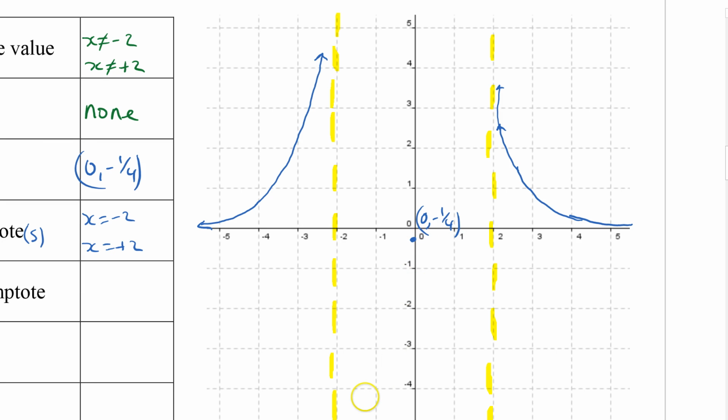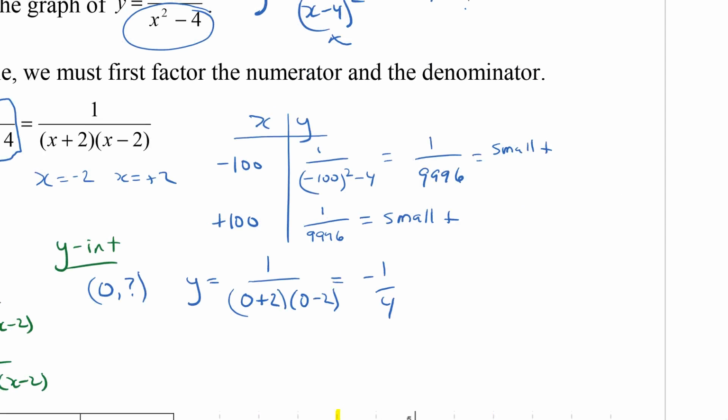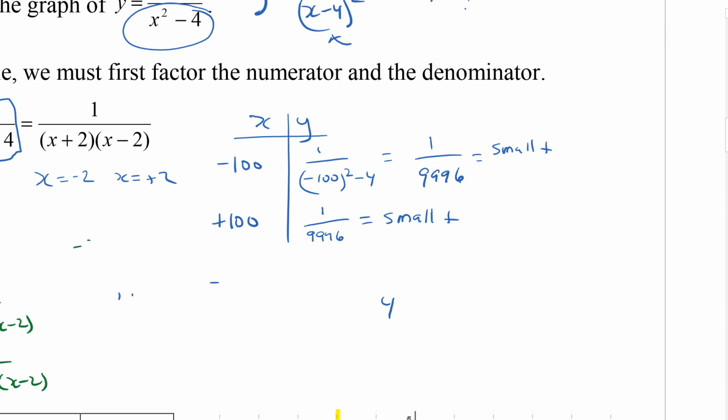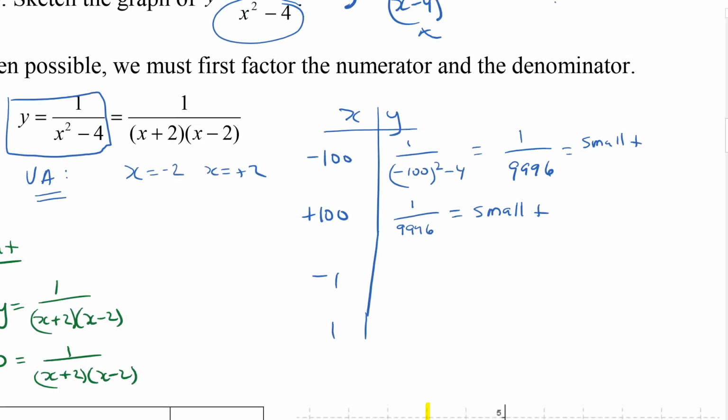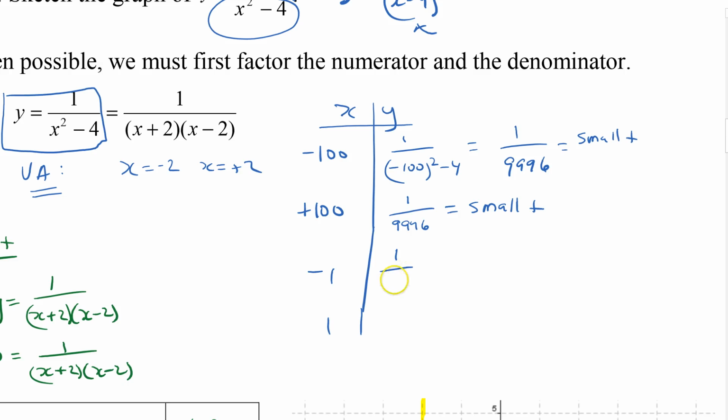So for the middle, I think what we need to do is just pick a couple of tests. So let's pick -1 and +1. So over here we've done a couple. Here, I'll make some space for us. What happens if I put in another x value of, say, -1 and +1? So it might be easier if I say x squared minus 4. So I'll go 1 over -1 squared minus 4.